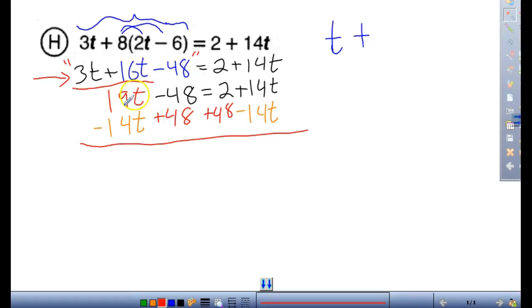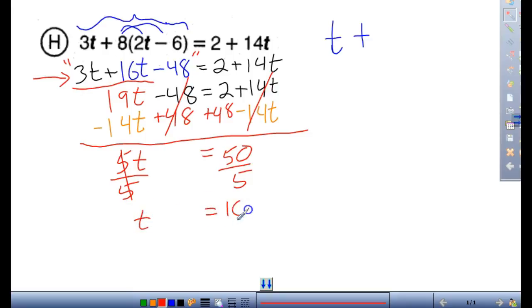So if there's a variable above, there should be a variable below. You can't subtract 2 from 19t. Okay. So that equals 0, that equals 0. So we got 19t minus 14t. So 5 times what is 50. Okay. And then you can divide to solve for the answer. So t must equal 10.